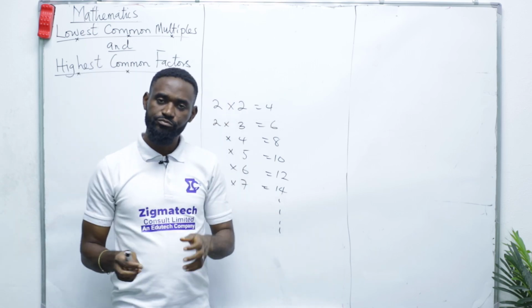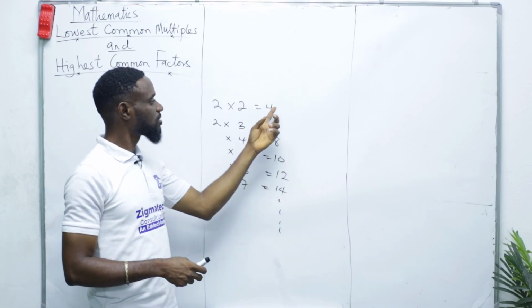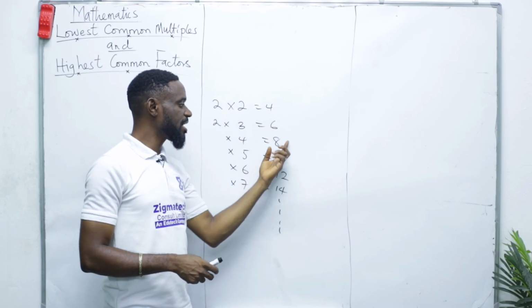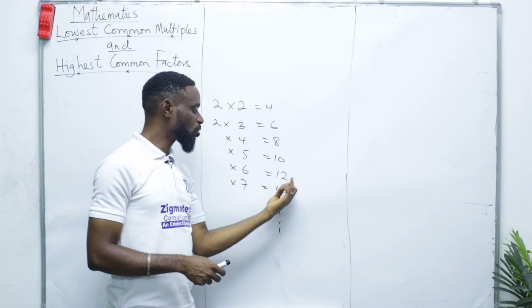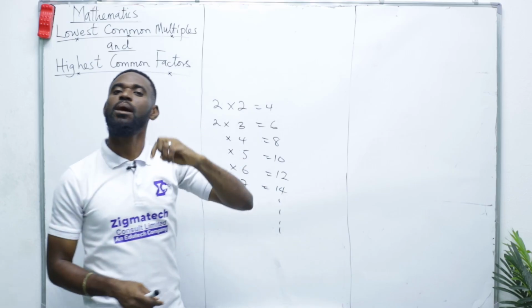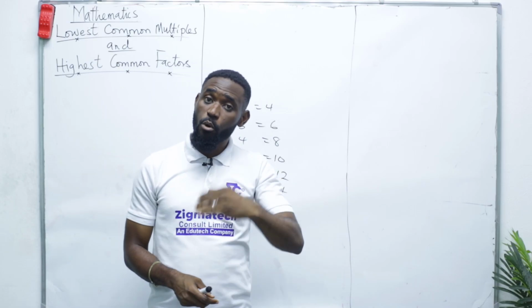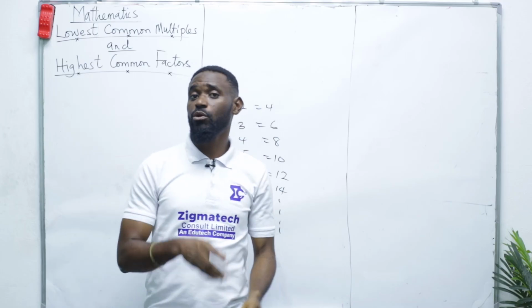Now, we say that these numbers 4, 6, 8, 10, 12, 14, and so on till infinity are multiples of 2. What does that mean?